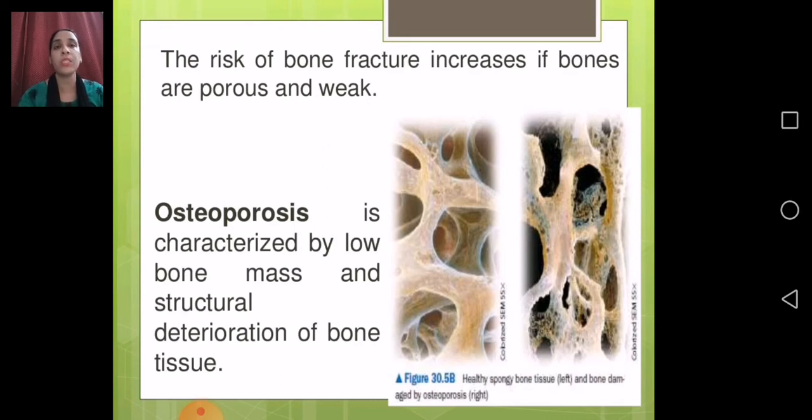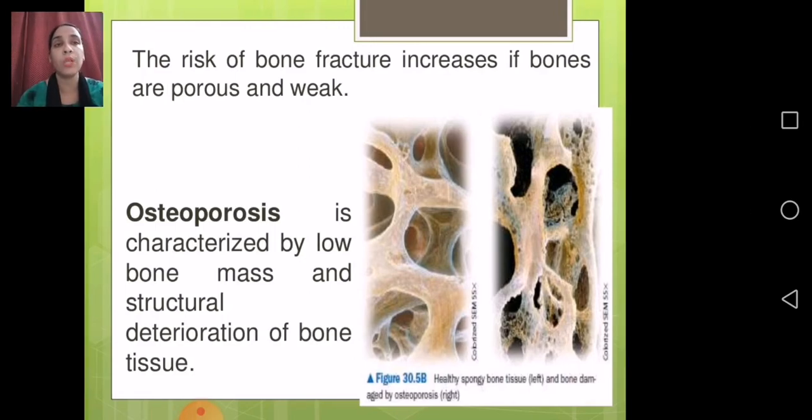So osteoporosis is a disease where the bulky structure of bones gets reduced and deterioration of tissues, like bone marrow, will be there. It is a very important disease, characterized by low bone mass and structural deterioration of bone tissues. So you can see healthy spongy bones, and then one which got damaged due to that disease.